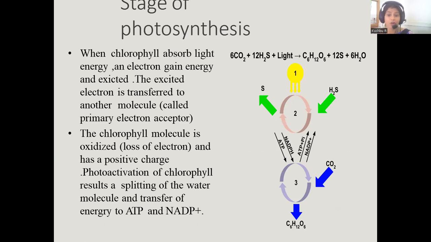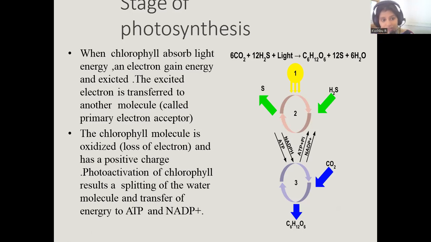The electrons in your chlorophyll pigment get excited, and those electrons are given to the primary electron acceptors. These primary electron acceptors will absorb the electrons that have got excited, which means now the chlorophyll has lost electrons.